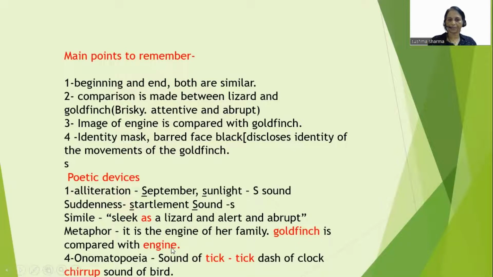Goldfinch is compared with engine. Here two different things are compared, goldfinch and engine. Goldfinch is a bird, and engine is a thing. They are both different, but they are compared, and we have not used 'as' or 'like'. So this is an example of metaphor.